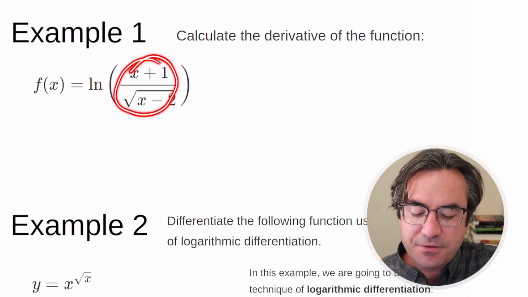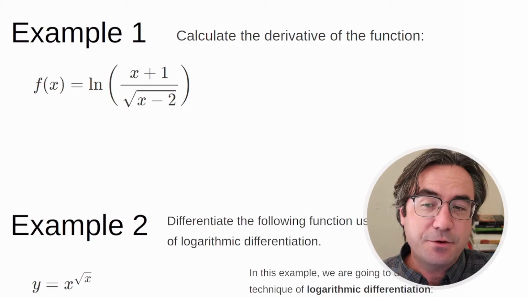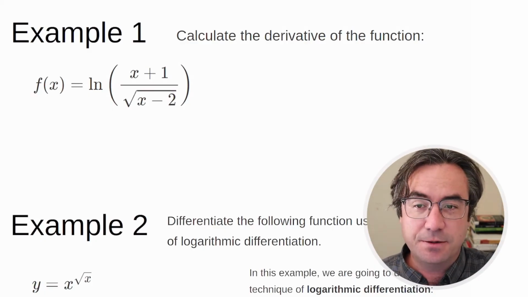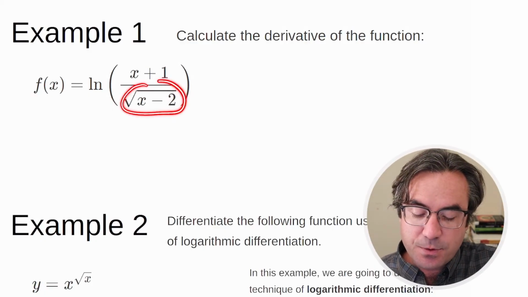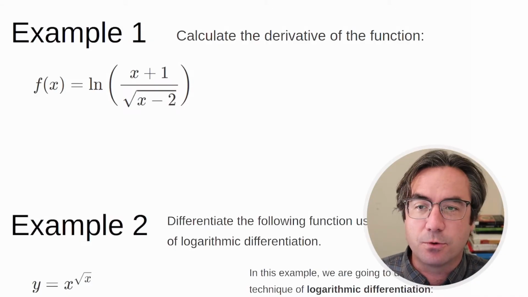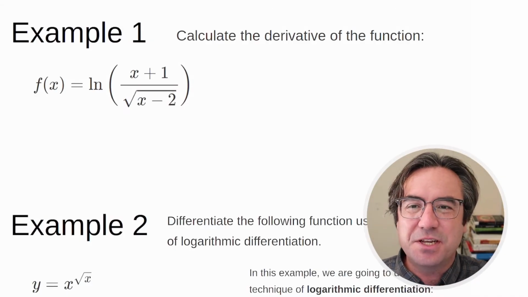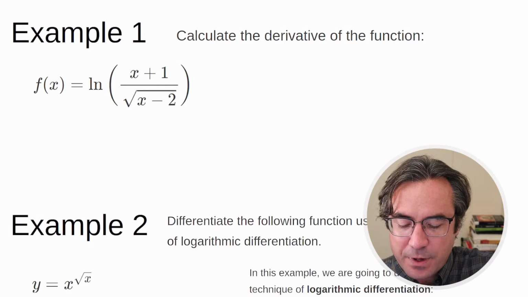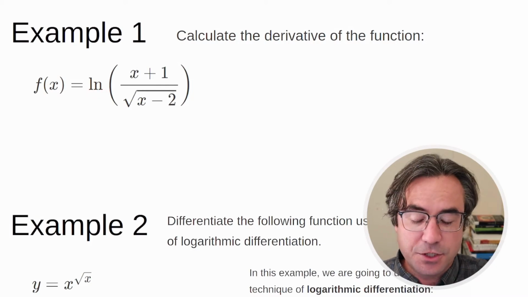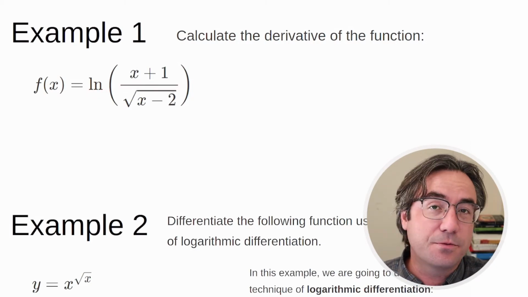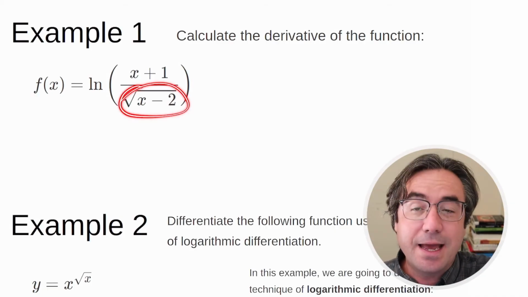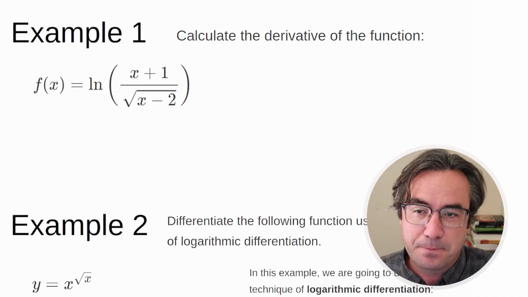Then when we get to the stuff inside, we'd have to use the quotient rule because we have a fraction. And when we get to the square root term, we'd have to use our general power rule. So if we differentiated this the long way, we'd use the chain rule to get through the log function, the quotient rule to get through the fraction, and then the chain rule again to get through that square root.